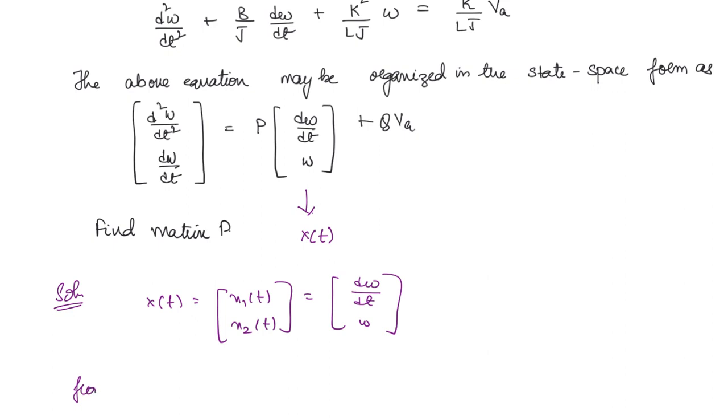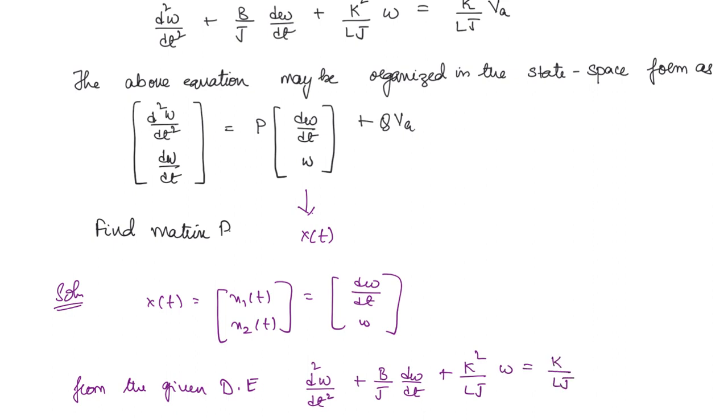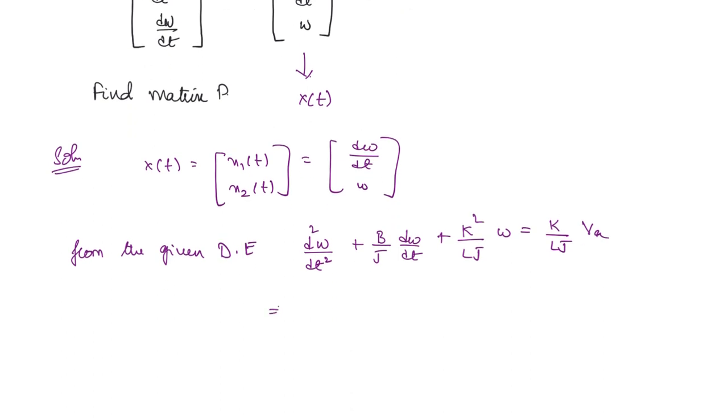From the given differential equation, what do we have? d squared omega by dt squared plus B by J d omega by dt plus K squared by LJ omega is equal to K by LJ Va. We just have to express d squared omega by dt squared in terms of d omega by dt and omega.